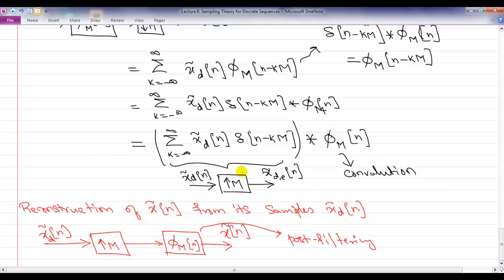You get a sequence, you first filter it, then you do downsampling or decimation. You want to reconstruct the original sequence from the downsampled sequence. You take that sequence, you upsample it, and then you filter it again.